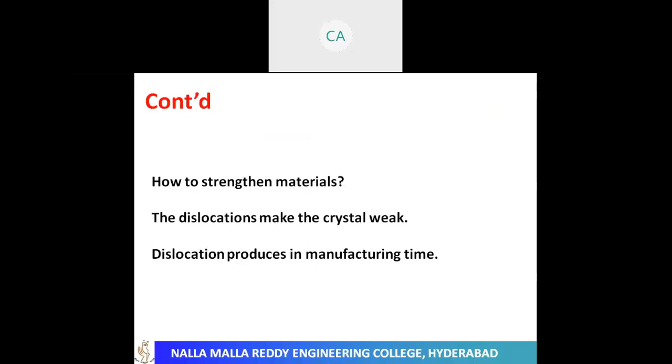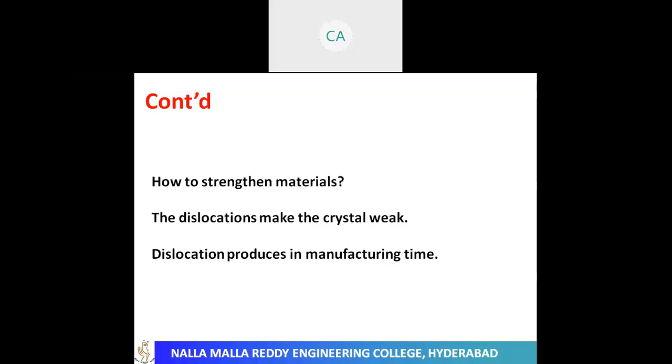Dislocations actually appear in the crystal during production and fabrication processes. So, dislocations are naturally present in the crystal during production time. So, this suggestion is not practical, because you cannot really make a dislocation-free crystal.